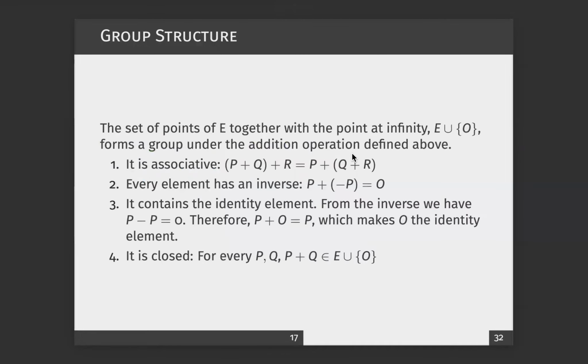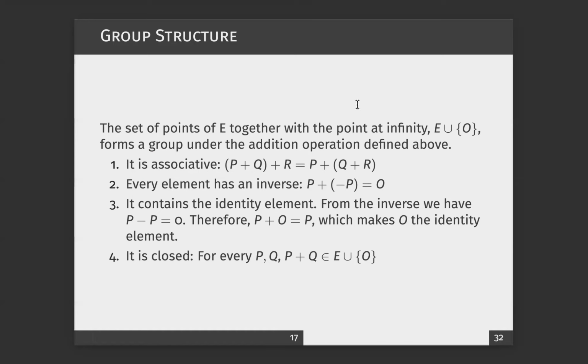Now that we have identified operations into our set of points called the elliptic curve, it turns out that we can define a group structure. So this set of points and the mathematical operation that is associated with them defines a group, okay?